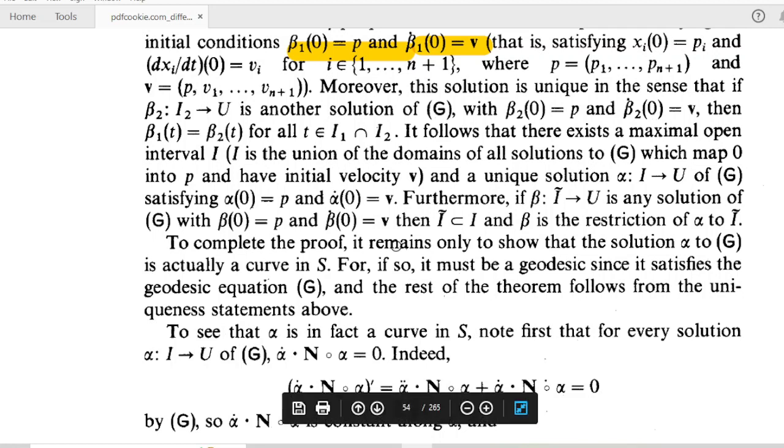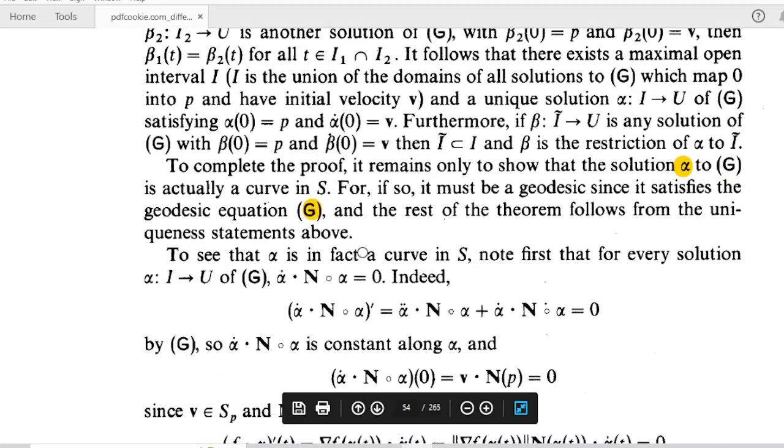To complete the proof, it remains only to show that the solution alpha is actually a curve in S. Then it must be a geodesic since it satisfies the geodesic equation G, and the rest of the theorem follows from the uniqueness statement above.